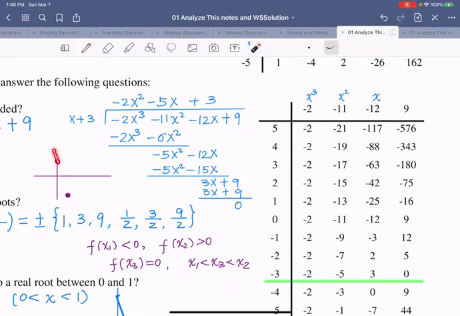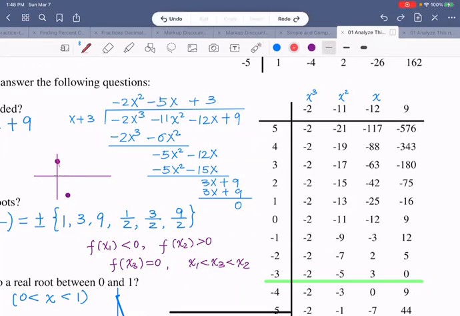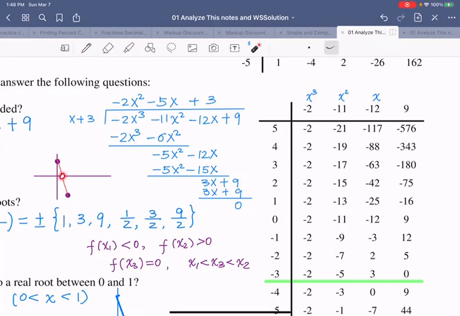If my graph passes these 2 points, there must be a point where it crosses the x-axis. Does this point have to be exactly 1/2? Not really. I can make it look like this, right?